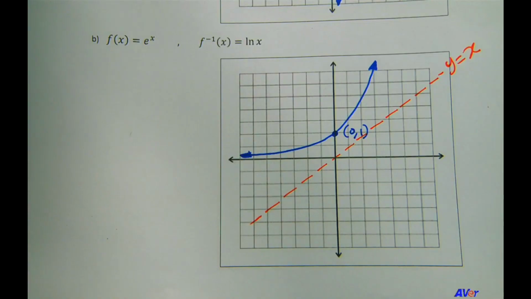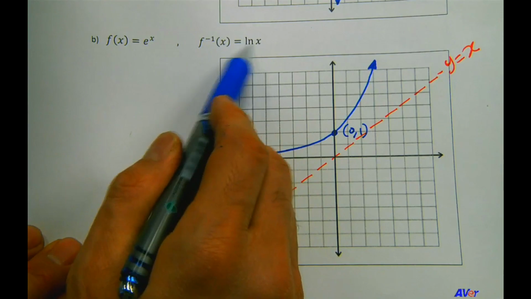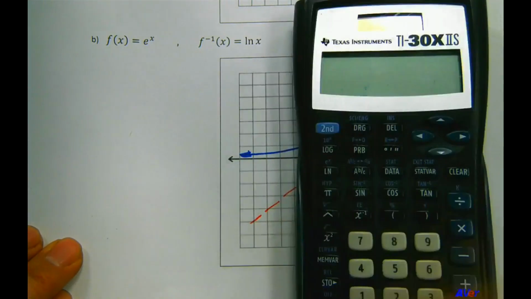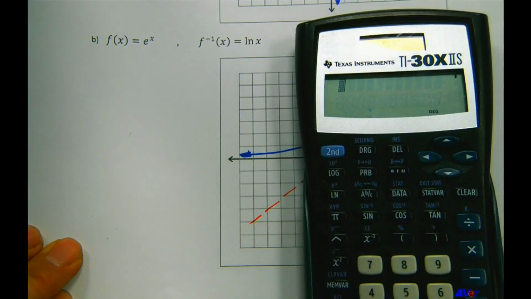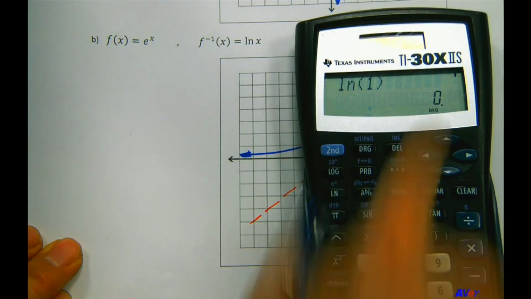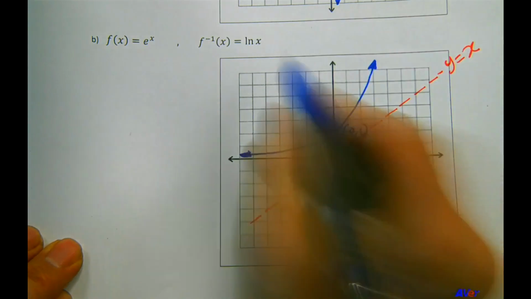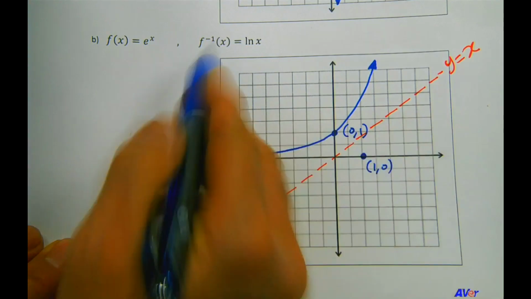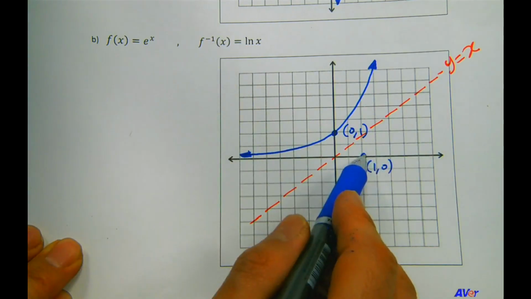Now, how would the natural log of x plot? Well, we know that natural log of 1 is equal to 0, right? The more you work with these functions, the more you find out about them. So natural log of 1 is 0. That means when x is 1, the inverse function value is 0, which is that point.